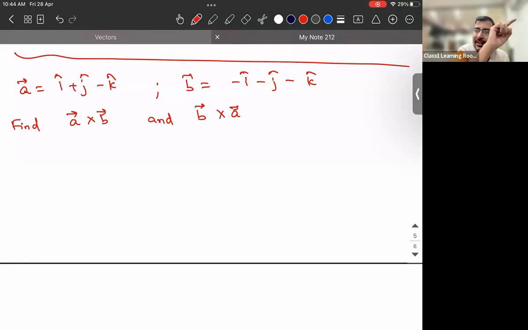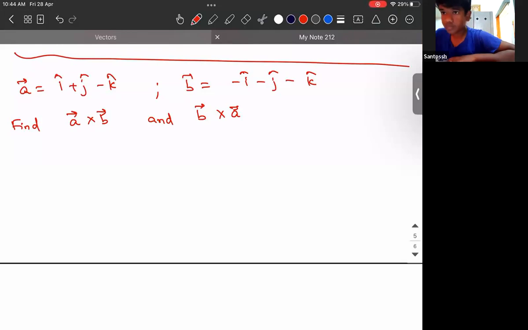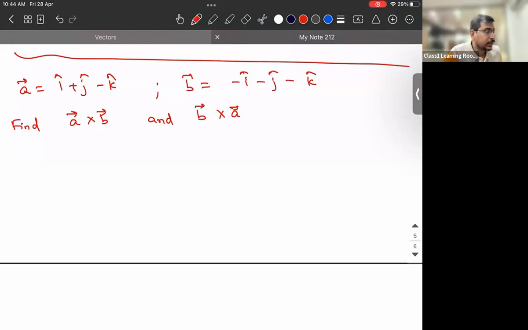So first row is always I cap, J cap, K cap. Second row, you should write the first vector. That is, if A vector is coming first, that is the first. Be careful with that and then tell me what is the answer. Let's see if everybody's answer is matching.